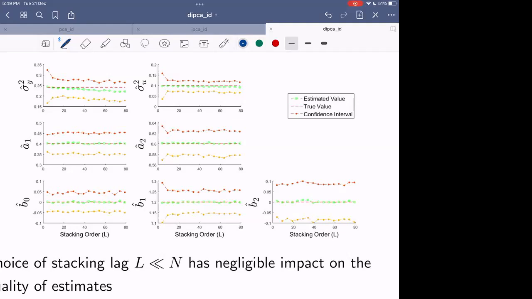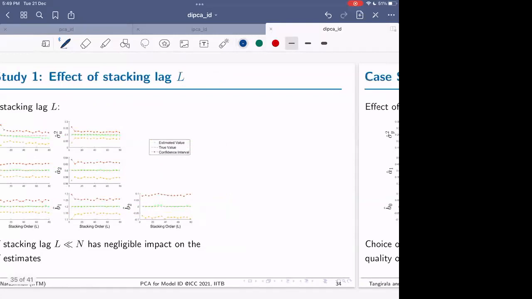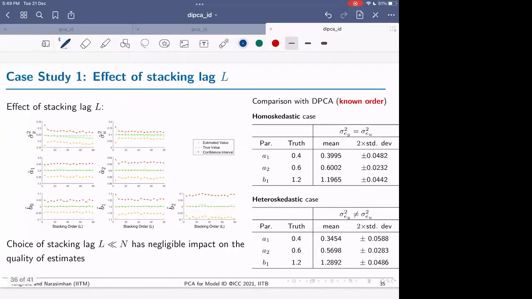So if you choose a very large value for L, you are indicating that the process order is very, very high, right? An L of 1000 would be atrocious. That means you're saying that the process is 999th order, and for all practical purposes, it's a nonlinear system. So you don't want to get into that. Practically speaking, the effect of stacking lag L, as long as it is much less than N, is minimal or negligible.